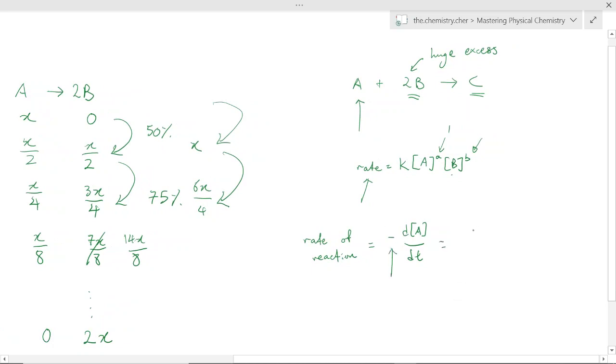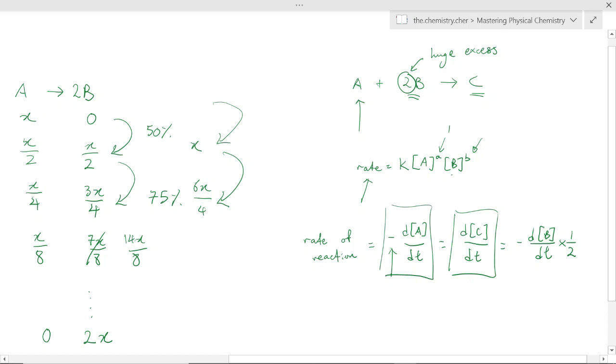It's also equal to dC over dt, because the product formed is already a positive number, and this is equal to negative dB over dt divided by 2, or times 1 over 2, simply because the coefficient here is 2. So the gradient given for the rate of formation of products is equal to the negative of your rate of consumption of A.